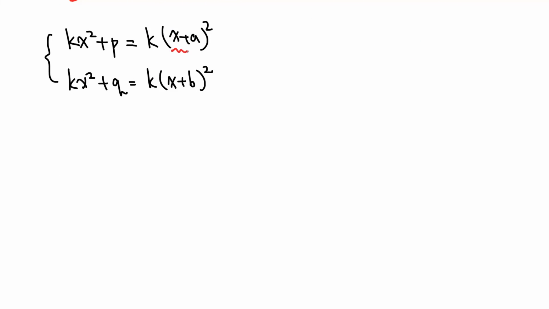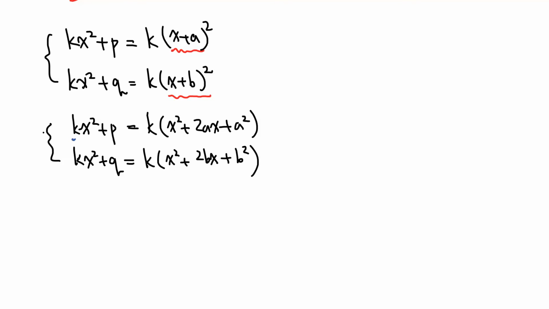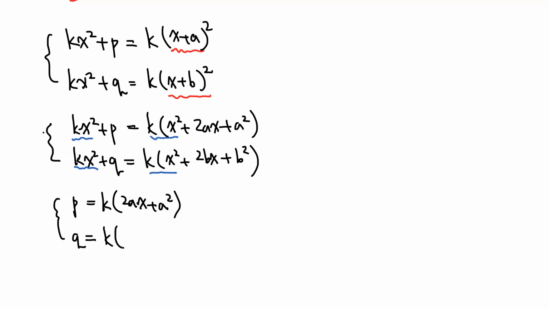And if we expand (X plus A) squared and (X plus B) squared, we obtain these equations. So these KX squared terms also appear on the right hand side, and we can see that the KX squared terms cancel out in both cases. Therefore, we have P equals K times (2AX plus A squared), and Q equals K times (2BX plus B squared).